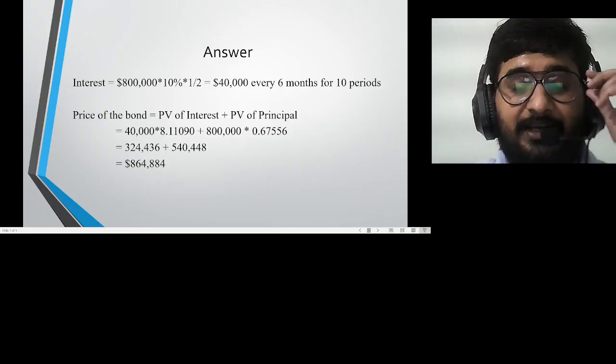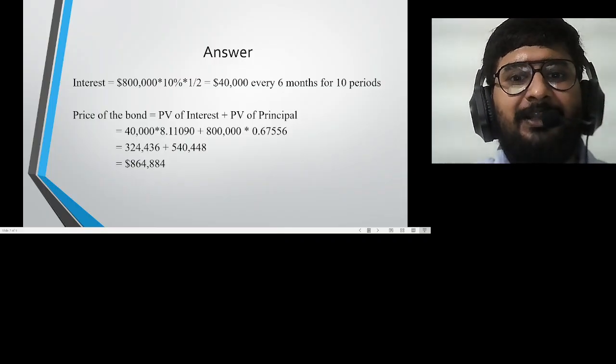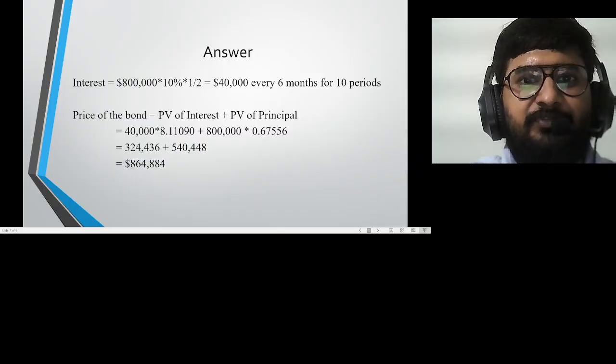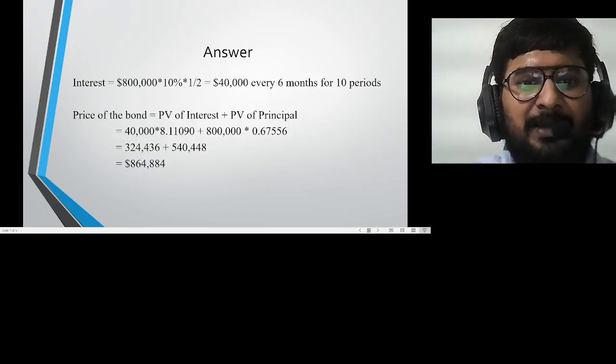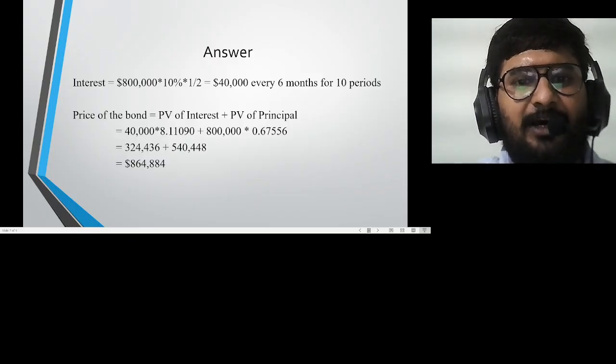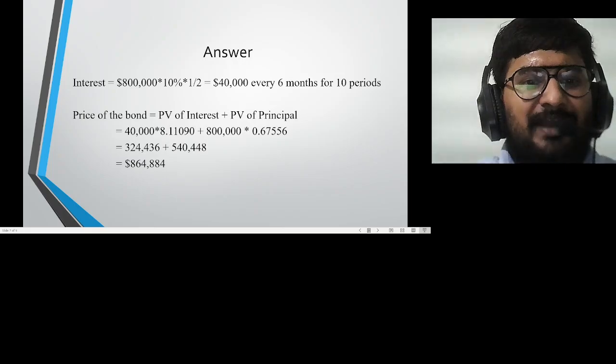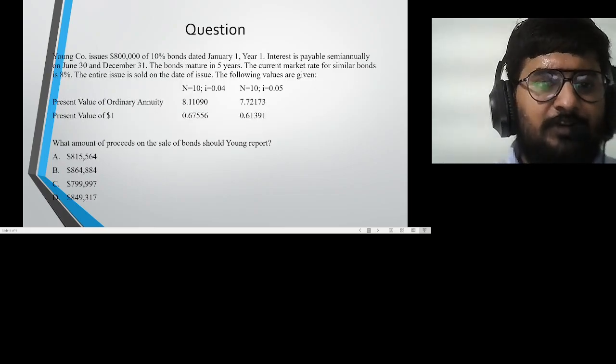I divided market rate of return by 2 and multiplied the number of years with 2. So it is 40,000 multiplied by 8.11090 plus 800,000 with the discounting factor 4%, 10, 0.67556. The value will be 864,884. So it will be B.